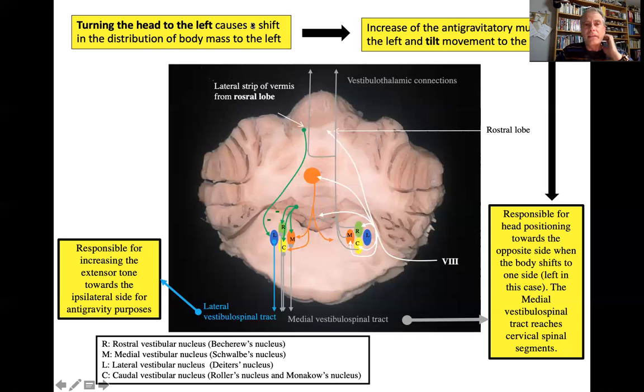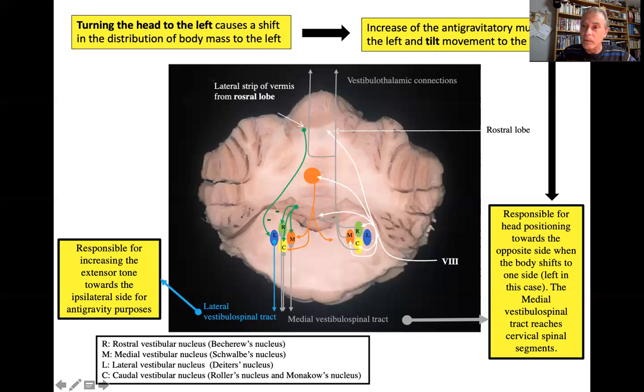Look, turning the head to the left causes a shift in the distribution of the weight, okay? If you turn the head to the left, you shift the weight to the left. So you have to increase the tone on the left. And with this increase in the anti-gravitational muscles to the left, there is a tilt movement to the right.